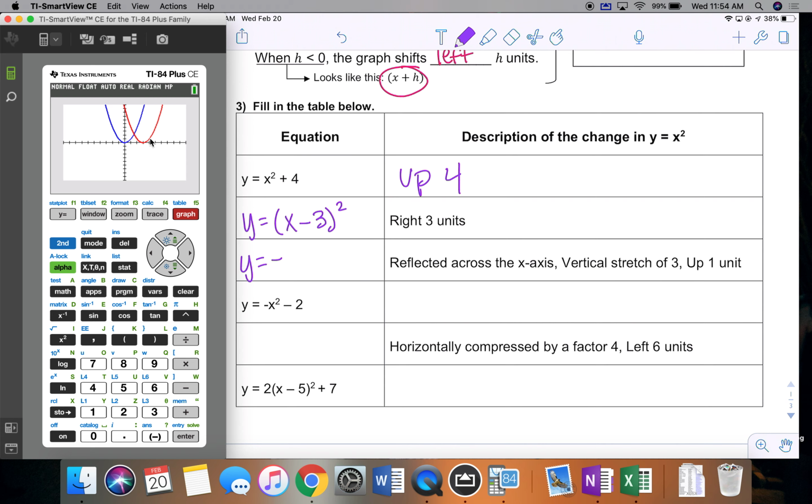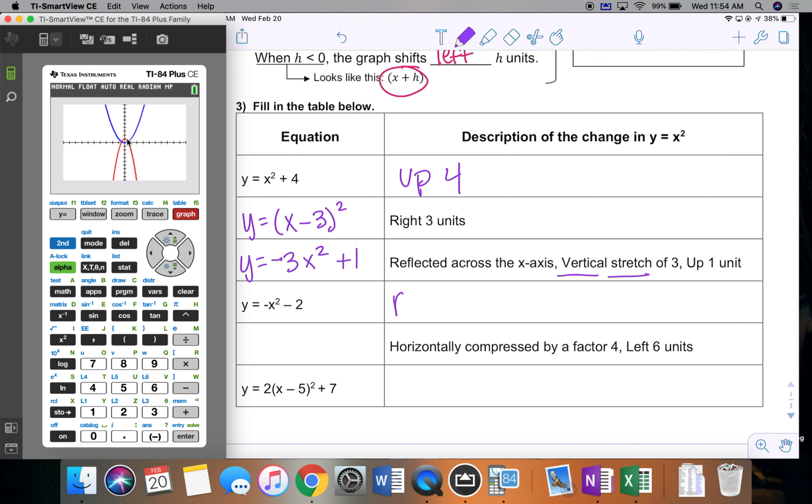A vertical stretch we did on day 1. Vertical stretches go on the outside of the parentheses, and then to go up 1, we would add 1 to the end. If I wanted to double check that, I could do negative 3x squared plus 1 and compare. That did flip, it did stretch vertically, and the vertex moved up 1.